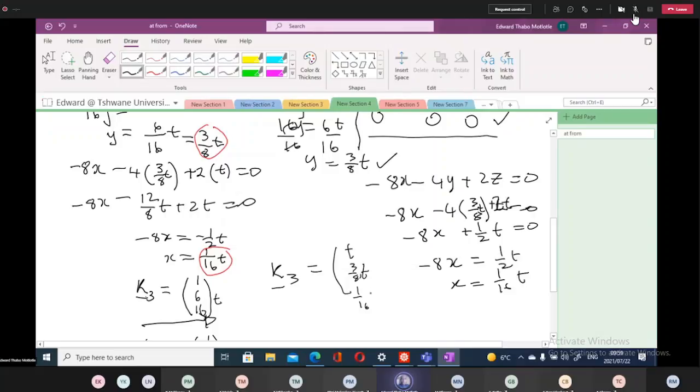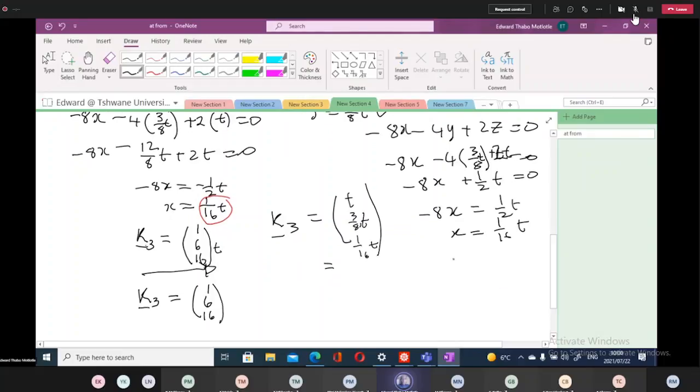All of them contain t. So you can take t out. You multiply each term by 16. So we can multiply it by 16. If you multiply it by 16, you'll end up with 16t, and then 6t and 1 and t here. That's what I did exactly.